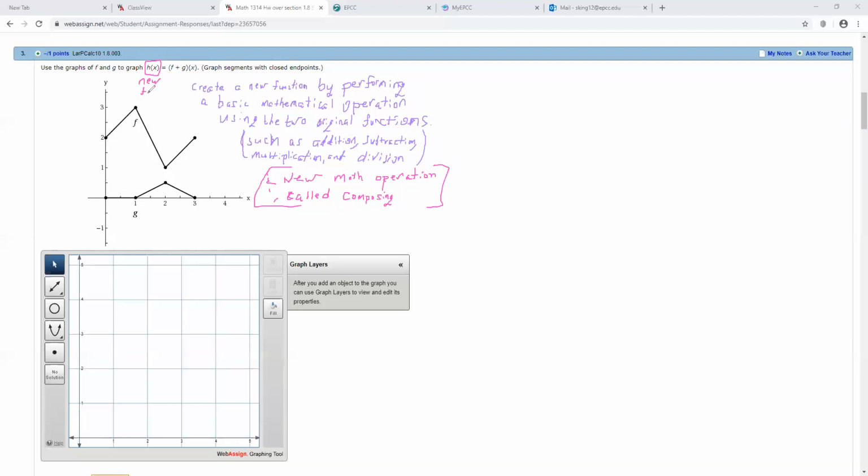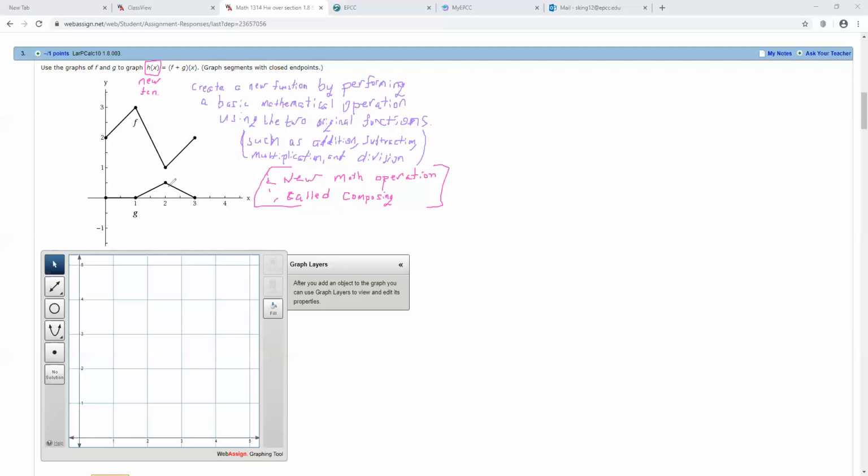And instead of creating the formula of this new function, that would be, well, it's not impossible. We could figure out all these pieces, but it would be a mess. But all they want us to do on this one is not create the new formula of the new function h, but just the graph of the new function, okay?